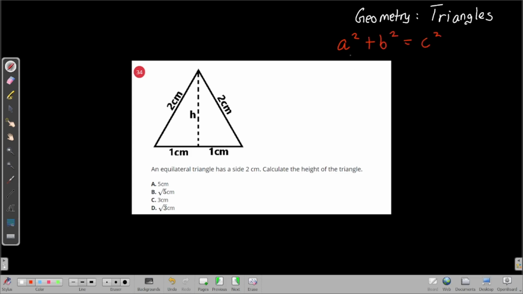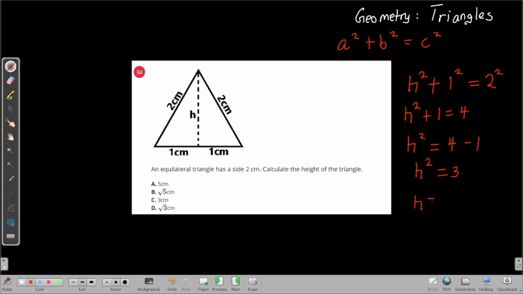So let's say a is h, b is 1, and c is 2. And of course, in this theorem, c must always be the longest side. You can't just use any random side. Then h is equal to the square root of 3. That's option D.